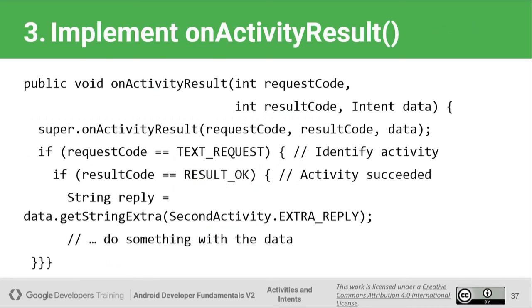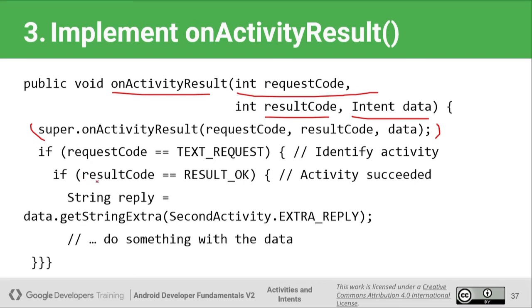So how to implement this onActivityResult method? It takes 3 arguments: request code, either OK or cancelled; result code, completed or not completed; and then intent data. This is the way with the help of which we call the superclass constructor and give it some arguments of these objects. And then if request code is equal to the text request, if it is true, then we will check the result code.